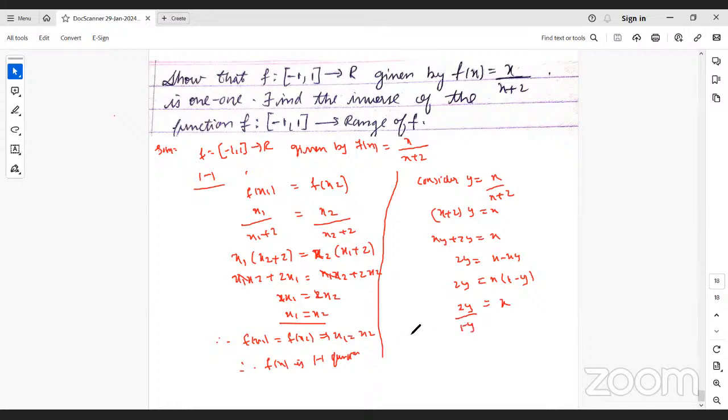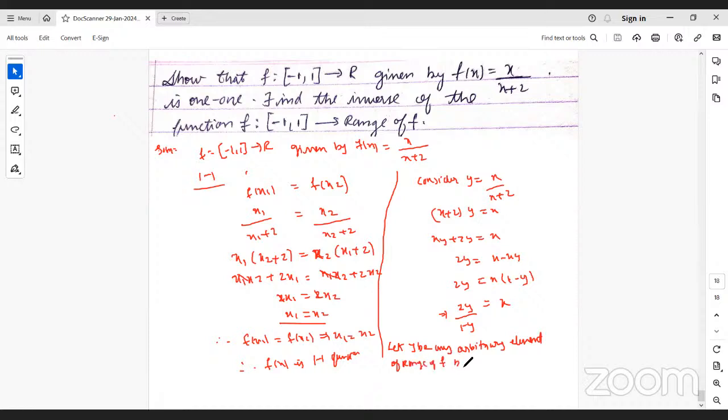So again we need to write down the inverse of this. Whatever equation we have got, using this we can write the inverse of the function. So you need to write down, let y be any element. We need to write the definition of onto function. Let y be any arbitrary element of range of f.